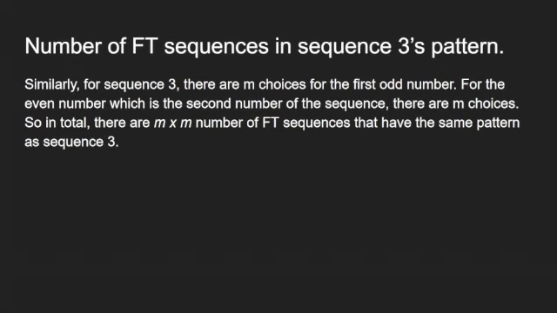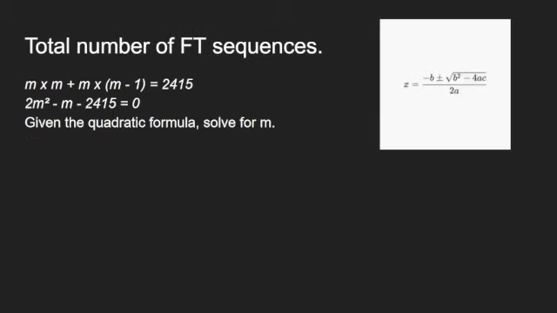So in total, there are m times m ft sequences that have the same pattern as sequence 3. So to find the total number of ft sequences, we add the two combos. So it's m times m plus m times m minus 1, and that should equal 2,415.